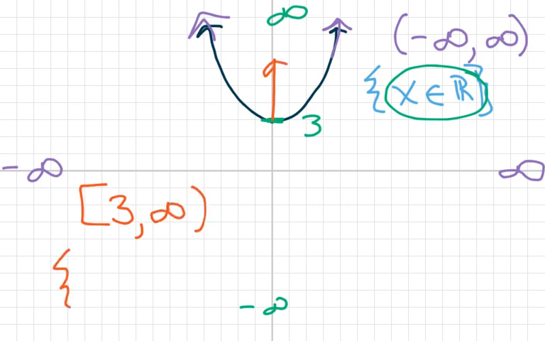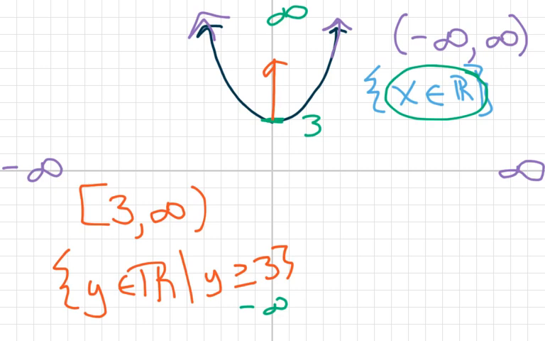And in set notation, you write y belongs to the reals such that, or you could say however, y is bigger than or equal to 3. Because you'll have no y values below 3 here. All our points on the y would be bigger than 3.